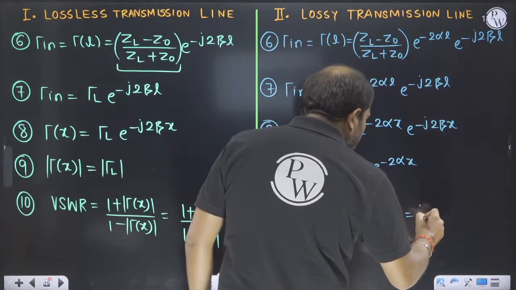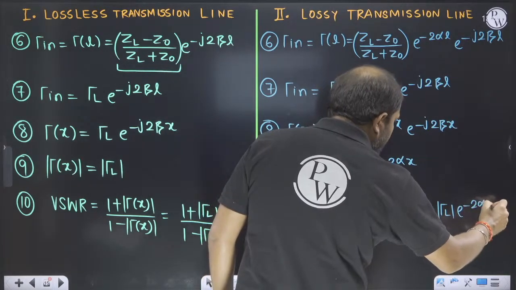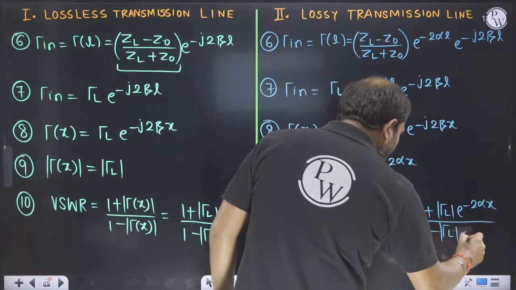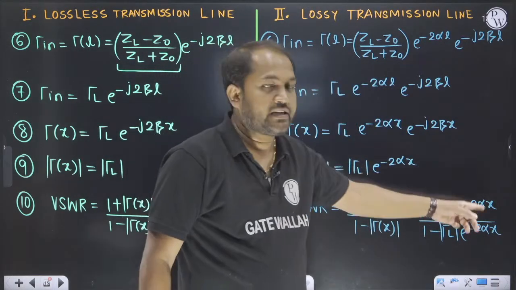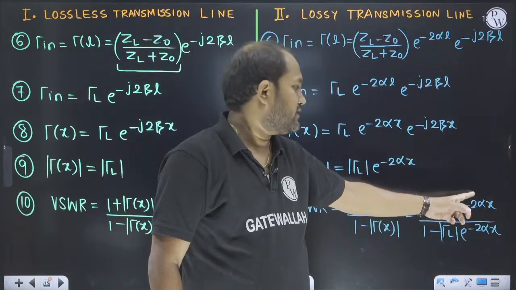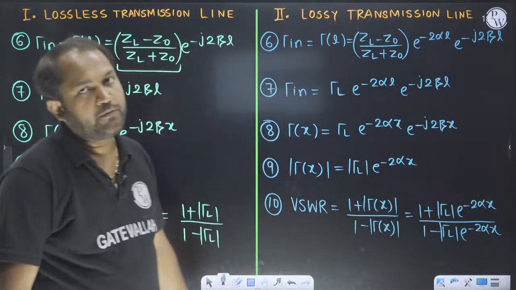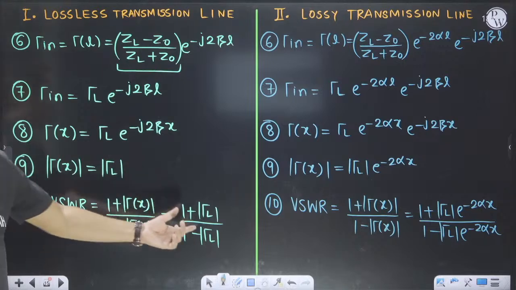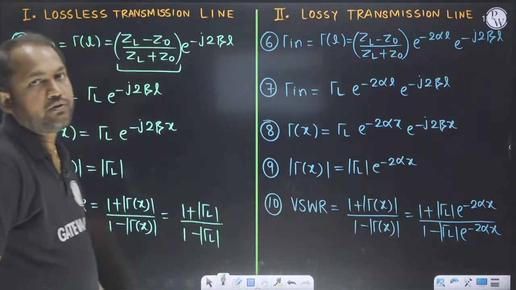But no one cares about this, and if they ask in the exam, then there will be a problem. If they ask at the load, I will take x is equal to L. If they ask at some distance x, I will take that distance x. So this is a very, very important formula for VSWR. Many people will use the other formula, but that will be wrong. You can use this formula.